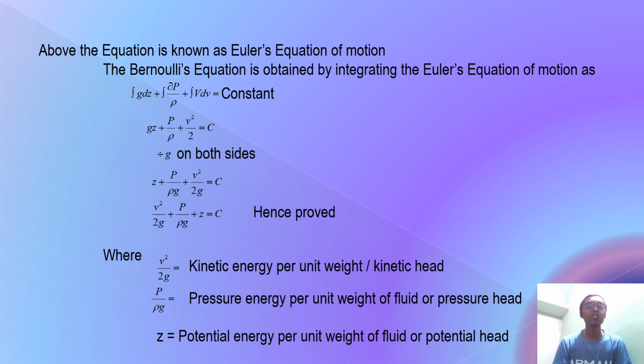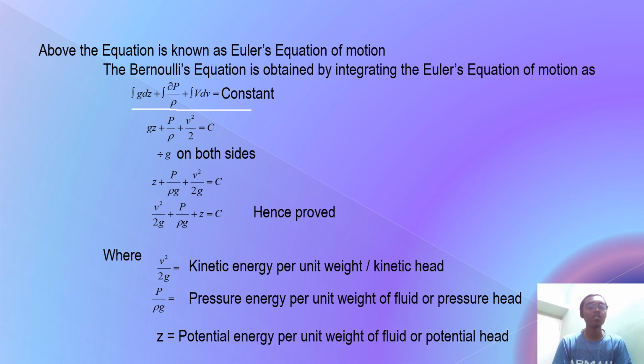The Bernoulli equation is obtained by integrating Euler's equation of motion, that is, integration of g into dz plus integration of dP by rho plus integration of V into dV is equal to a constant, the constant of integration.